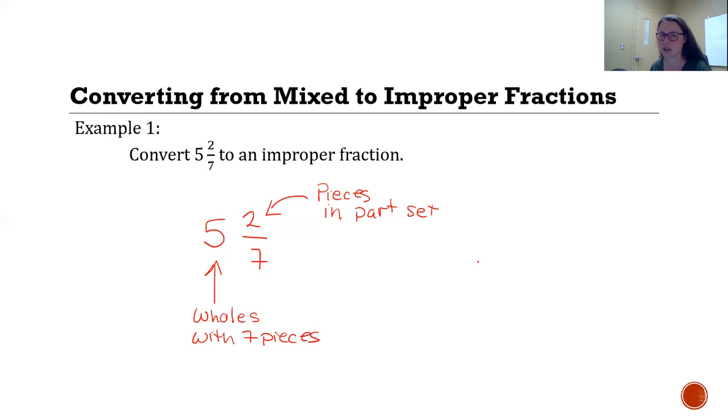When I write an improper fraction, I want to write how many cans over how many in a case. So my numerator in an improper fraction is how many parts, and the denominator is how many are in each set. In order to figure that out, how many pieces are in the 5 sets? Well, I have 5 sets with 7 pieces. That leaves me with 35 pieces in the whole.